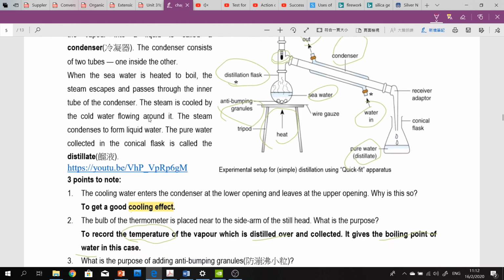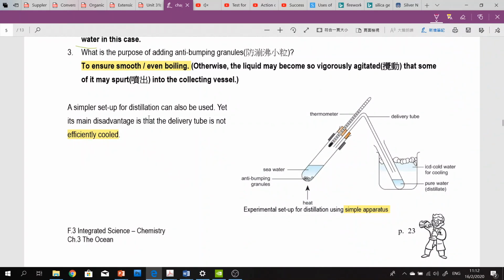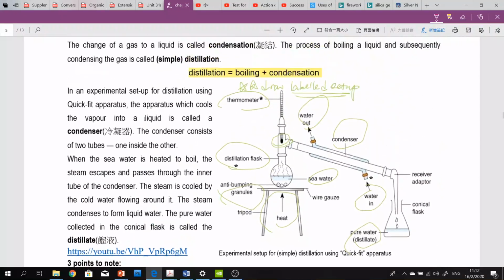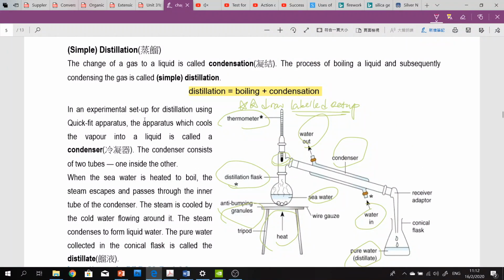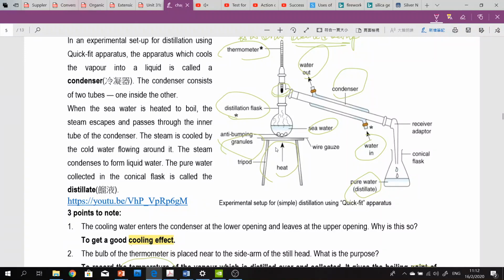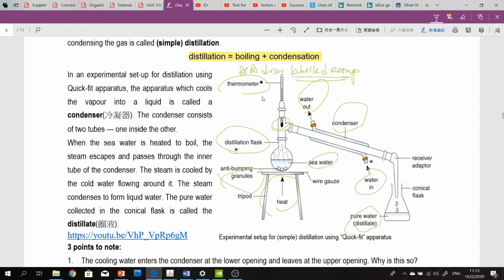Both make use of the principle of boiling and condensation of water, because water has a lower boiling point than salt. Simply speaking, you heat it and vaporize it, and you monitor the temperature using the thermometer, which is indeed the boiling point of water.